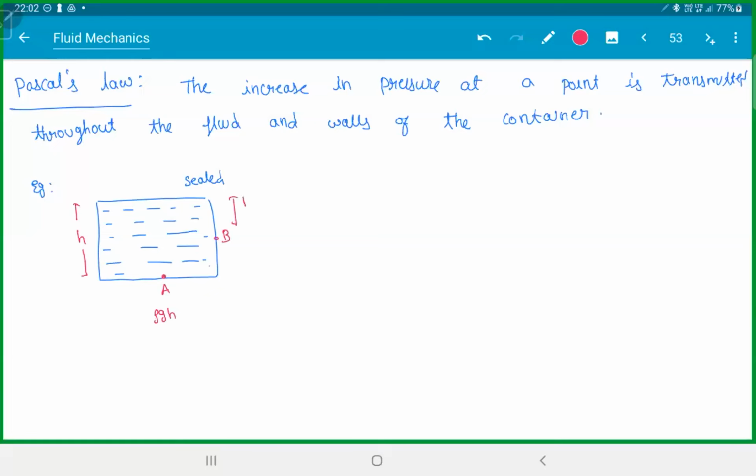If you take this height to be h by 2, the pressure will be rho g h by 2. Now in this container, if you just make a small hole, suddenly what happens? The pressure P naught is pushing here. The pressure here becomes P naught plus rho g h. At this point, the pressure becomes P naught plus rho g h by 2. So the pressure just bumps up everywhere by P naught.